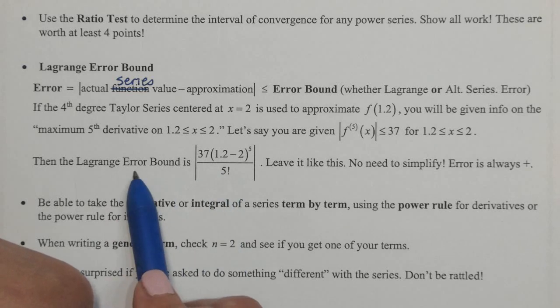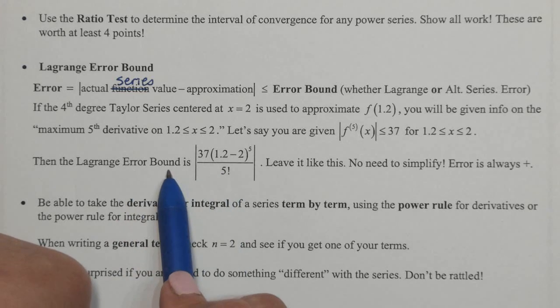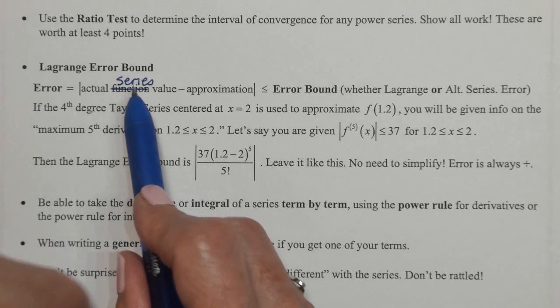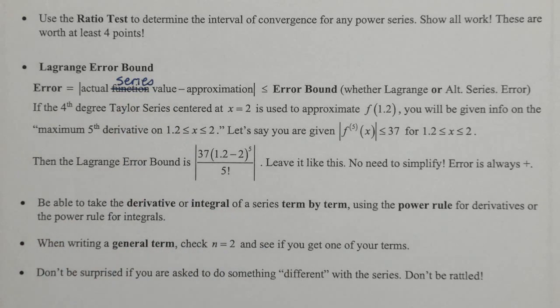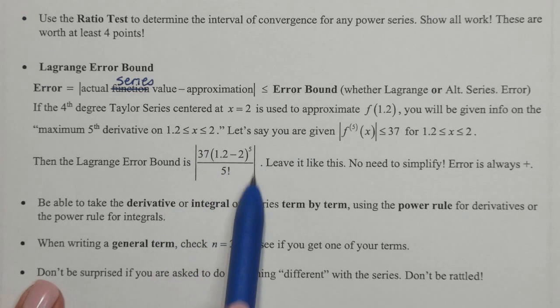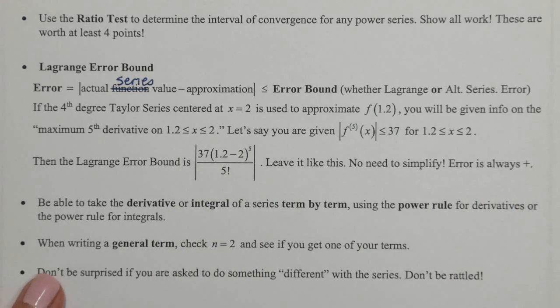That's your Lagrange error bound. It's not the error, because the error is this infinite. The error is still infinite. The error bound is just that one piece. Okay? Absolute values, because error bound is always positive.